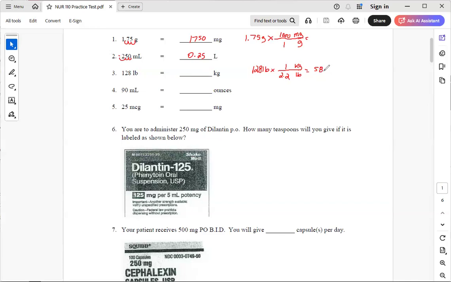This was the question that Pearl had asked earlier: if I have an answer like this, what do I do with that? I look at the hundredths place, and if it's 5 or greater, we round up. If it's 4 or fewer, then don't round it, but drop the numbers past the tenths place. So my answer for this would be 58.2.